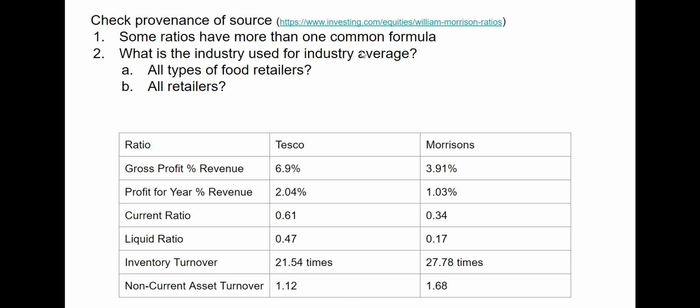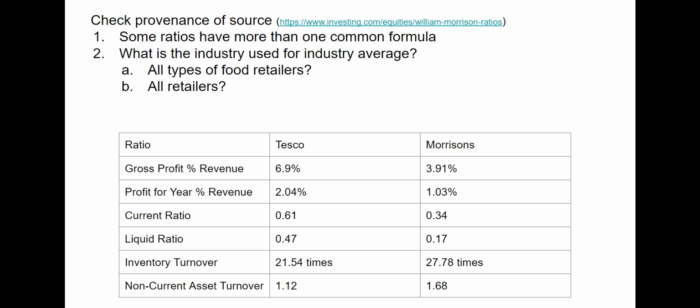The other thing to be very careful about as well for using information online is there are, for many ratios, more than one common formula. So firstly, if you're comparing information from two different sources, are they both using the same formula? And even if they are using the same formula, is it the formula that you think it is? So be very careful when you're making decisions based on information online.